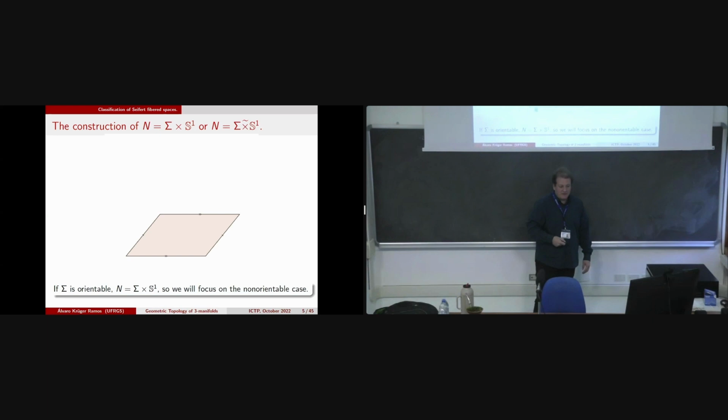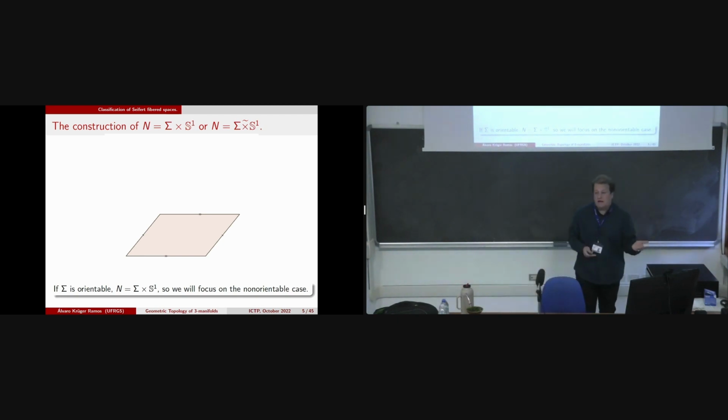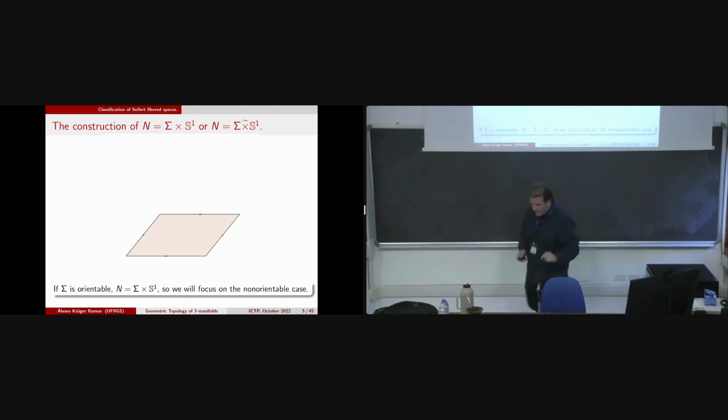But now we have this left side identified with the right side with the opposite orientation. So here in this example that I will use to motivate the understanding of everything, it's going to be a Klein bottle. And actually, this example is really important for other constructions that will appear later today.